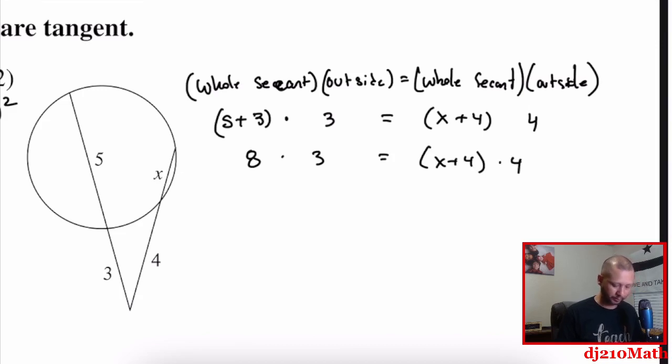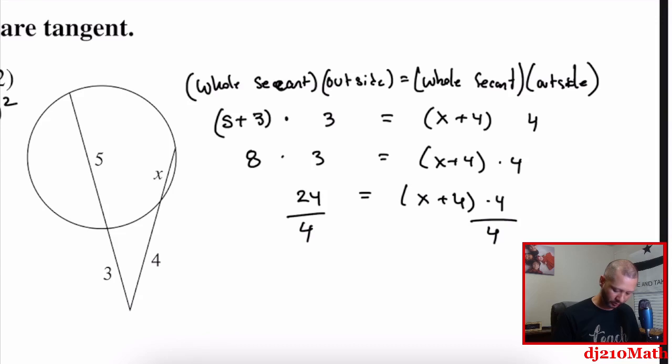So 8 times 3 is 24. Notice again, I'm not distributing because I don't want to have to undo it. Work smarter, not harder. So 24 divided by 4 is 6. Minus 4, so x is equal to 2. So this little section right here is 2.